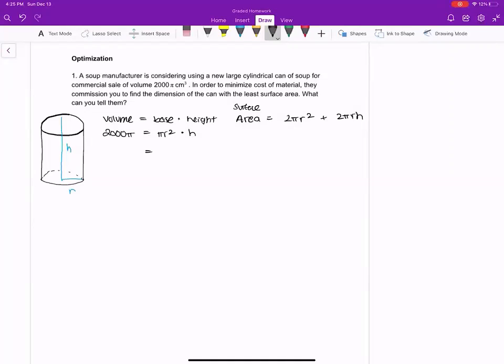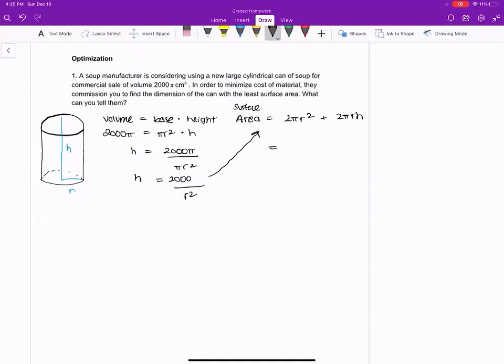Going back, if you isolate h, you get h equals 2000 pi divided by pi r squared, which is the same thing as 2000 divided by r squared. Now, since you have the height, you can plug it into your surface area equation.